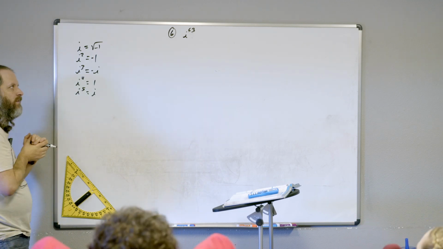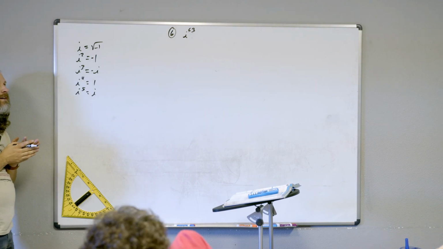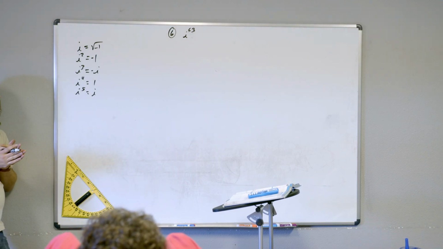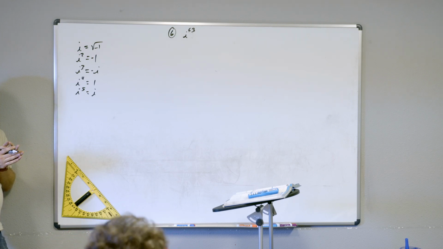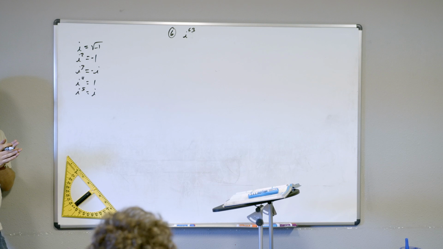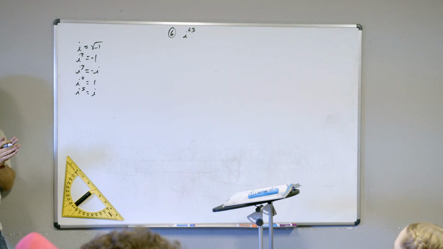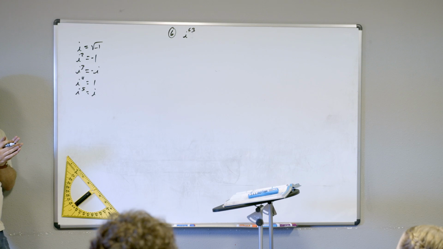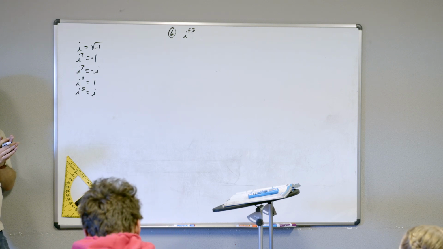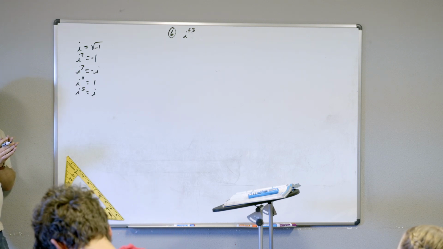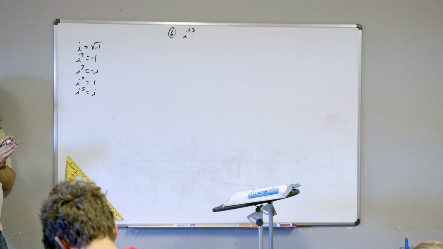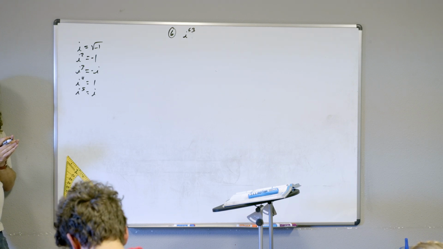Wait, wouldn't it just be negative i? Because you just go 1, 2, 3, and then you get negative i. Where are you getting the 1, 2, 3 from? I'm trying to find out whether you're thinking right or wrong. It's 5 and 60, so you go 1, 2, 3, 4, 5, 1, 2, 3, 4, 5, every time until you get to 60, and then just 1, 2, 3.